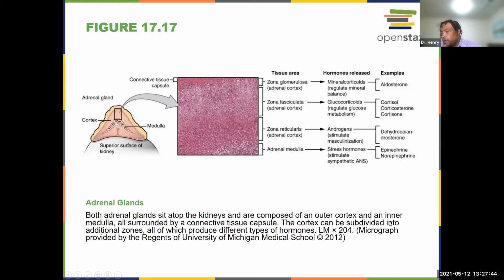Okay, so again, if you have disorders with your adrenal glands, you're gonna start affecting various things, right? So in the case of our adrenal glands, if we have a defect, we know that it's going to affect blood glucose levels, right?